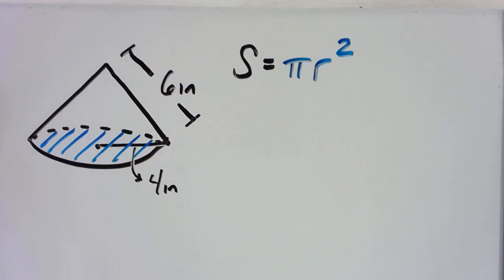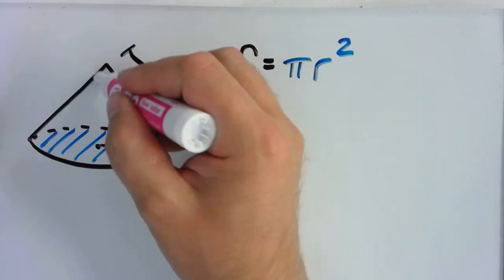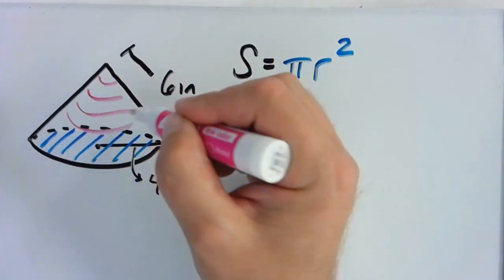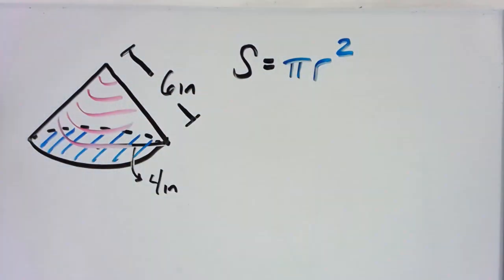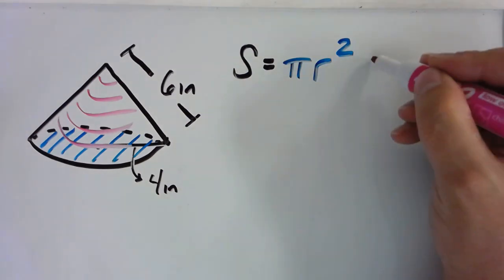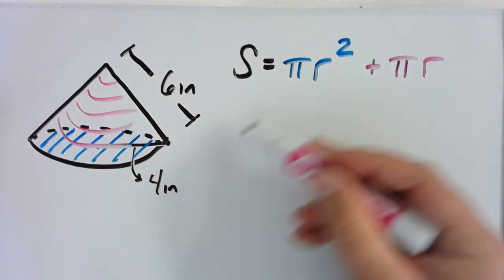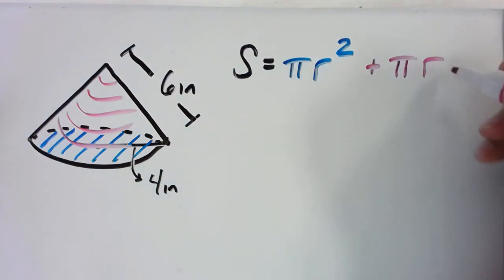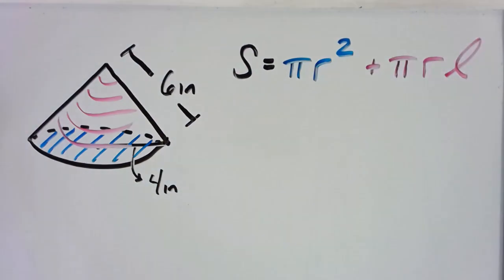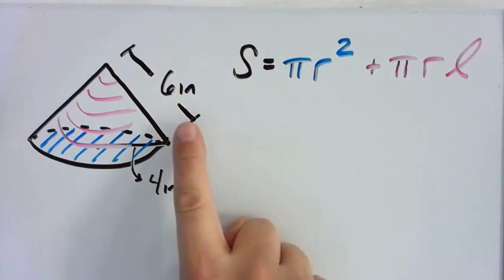And then the other piece that I can unravel here is what makes this actual cone itself, what we call the lateral side, the actual side of the cone. So if I think of this as like an ice cream cone, this is the waffle cone itself. And for that, it's pi times that same r, that 4 inches, as the r for the pi r squared, times the new term, the cursive L, the slant height, which in this case will be the 6 inches.